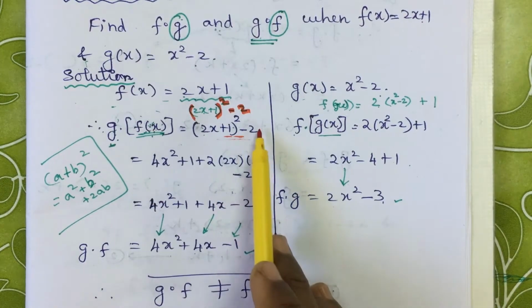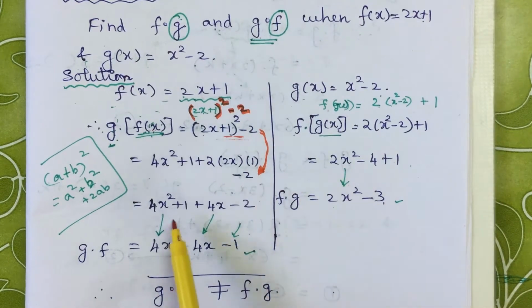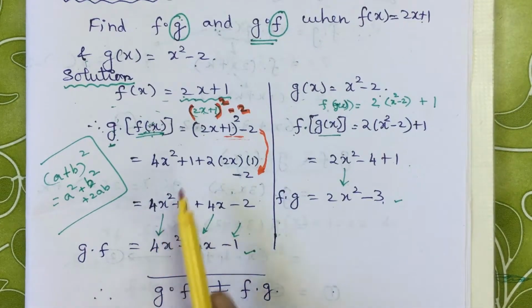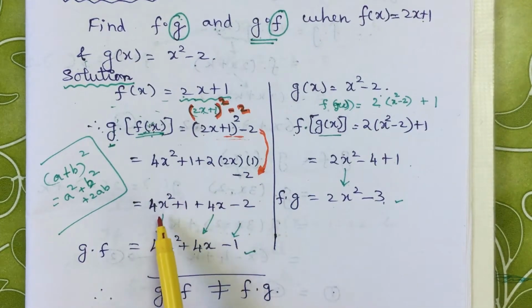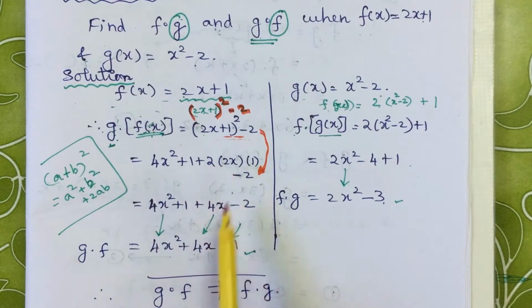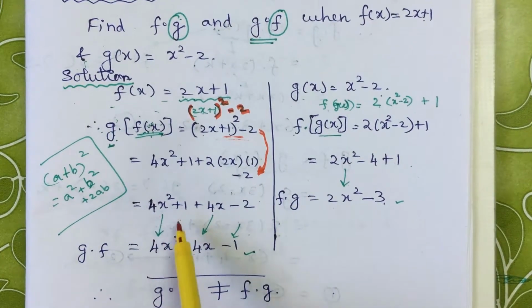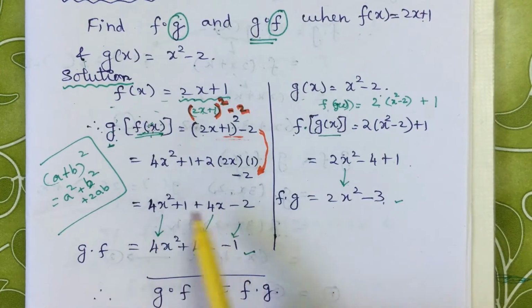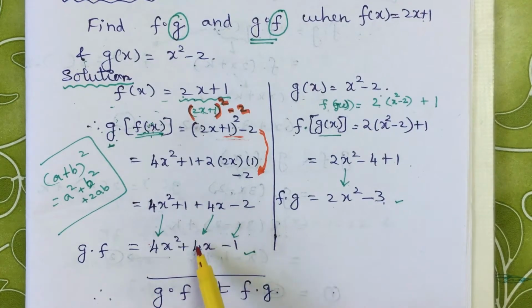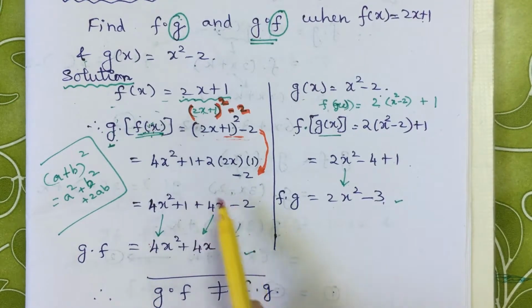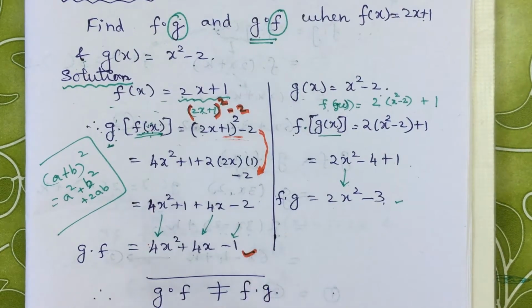Then minus 2, whatever it is here, I have written it here. Coming to the simplification, 4x square plus 1, 2 into 2, 4x, minus 2. From this, first write down the x square term, then the x term, then simplify the constant term. 1 minus 2 will get you minus 1. So this is your answer.